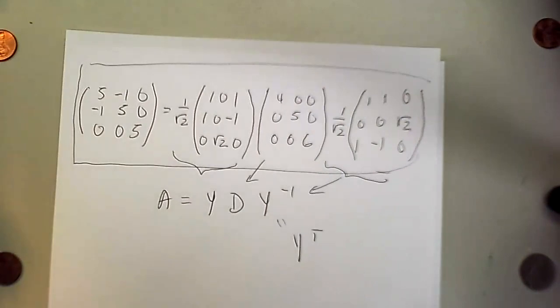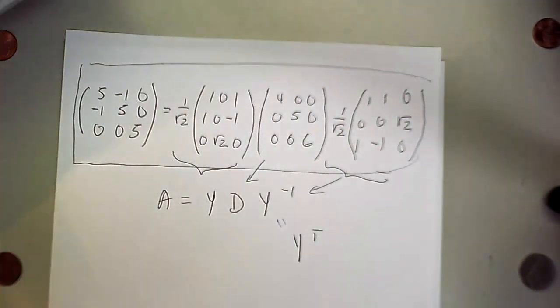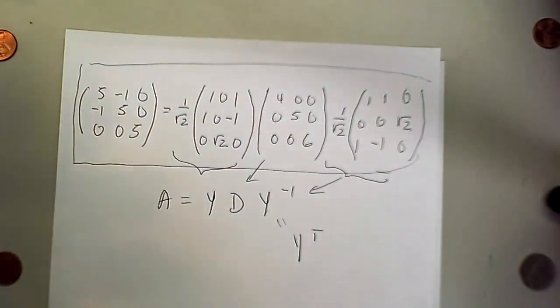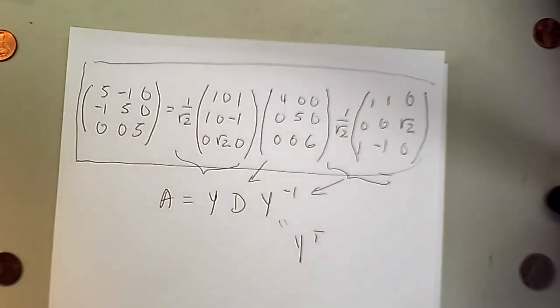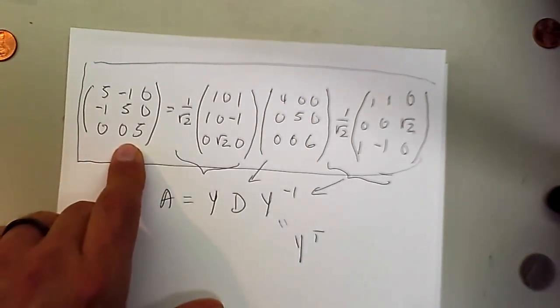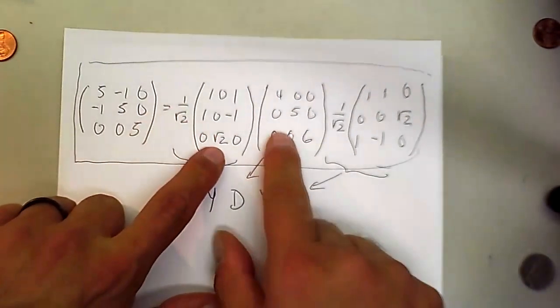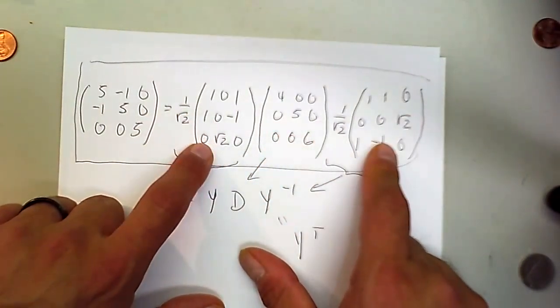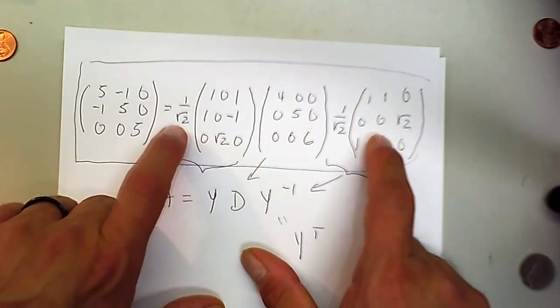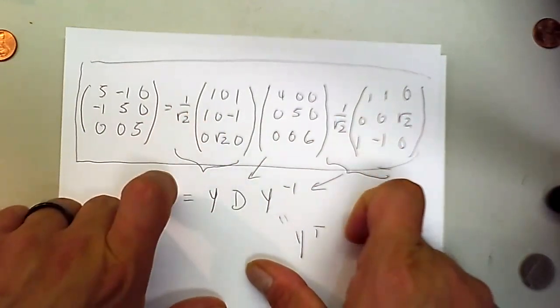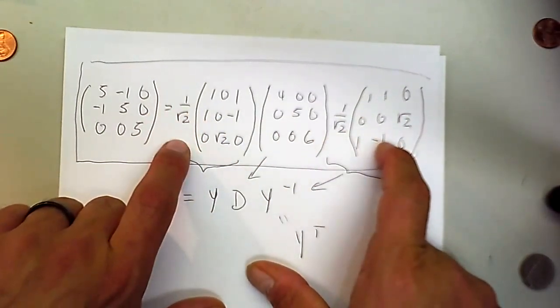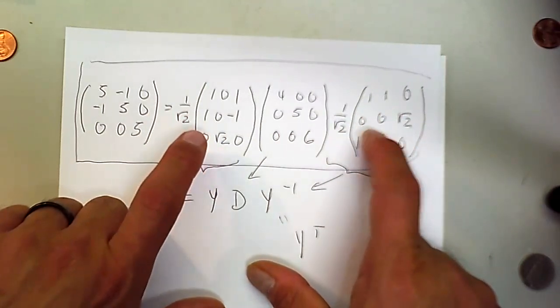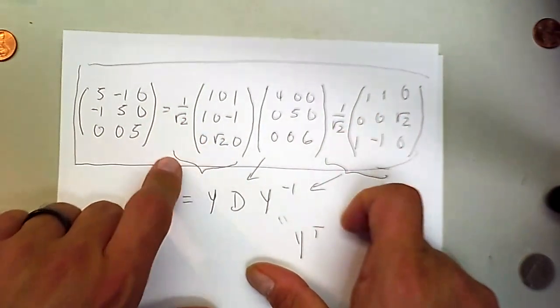Yep, so this is the kind of question I expect you to be able to do on quizzes or tests or any assessment corresponding to this video. Yep, factoring matrices into diagonal matrix and orthonormal or orthogonal matrices, which means that the columns, in addition to being orthogonal, are normal, they're orthonormal.